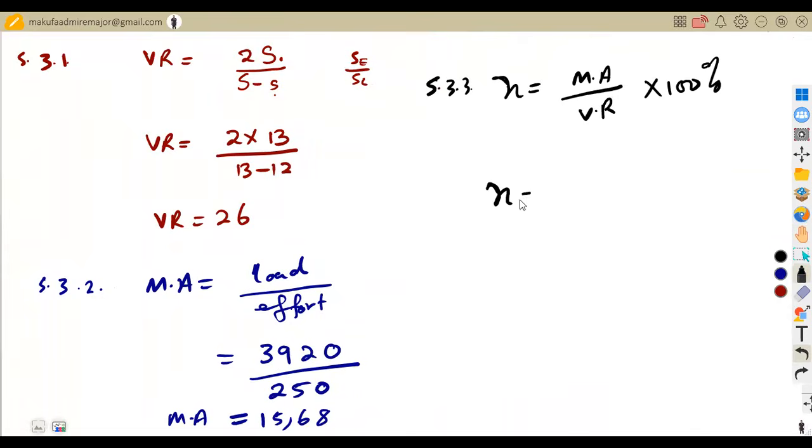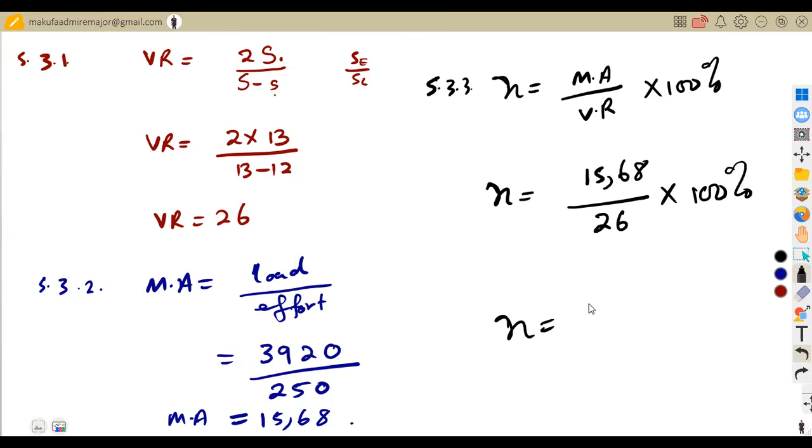So that means our efficiency was going to be the mechanical advantage of 15.68 over the velocity ratio, which is our displacement ratio of 26 times 100%. So this was going to give us the efficiency of the system to 3 decimal place. That was going to be 60.308%. That is how we could have obtained the efficiency of the system.